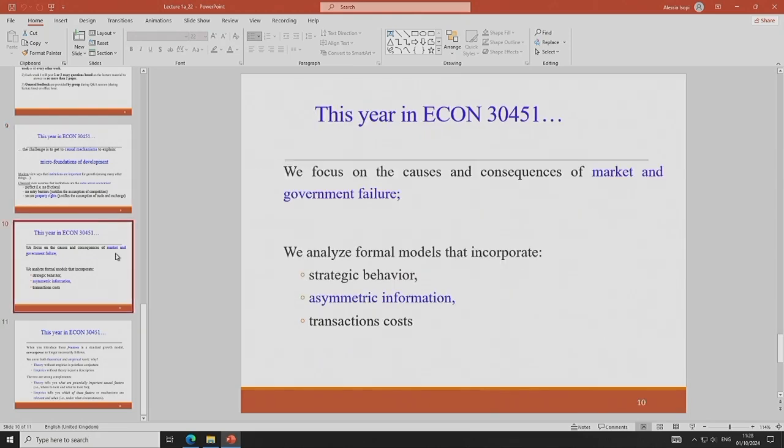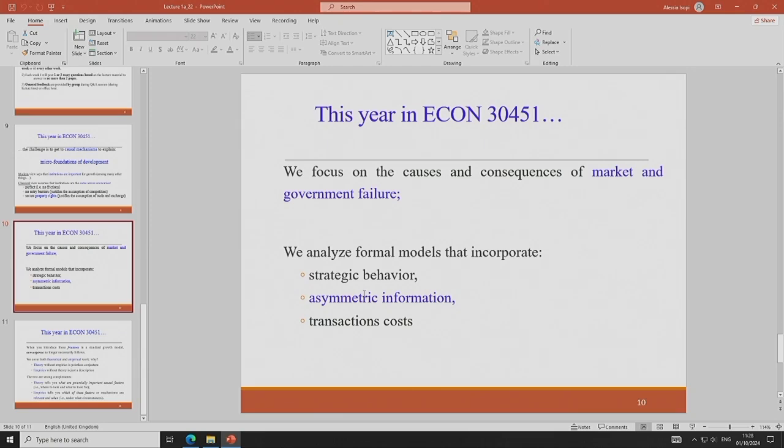So what we will be focusing on is all the things that we mentioned so far, and in particular, market and government failure, and the way in which we will be looking at those is via the lens of asymmetric information.